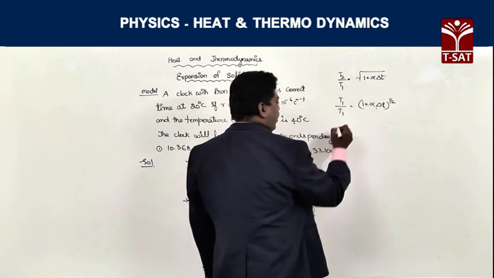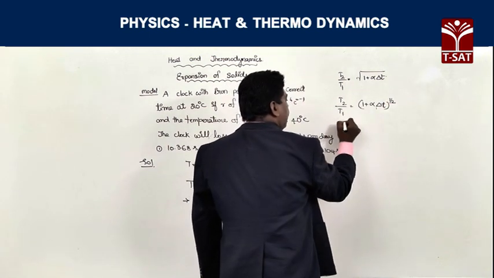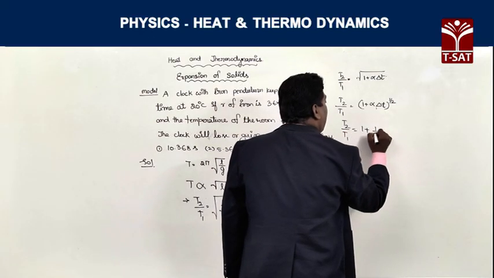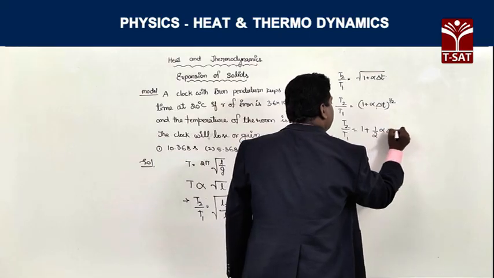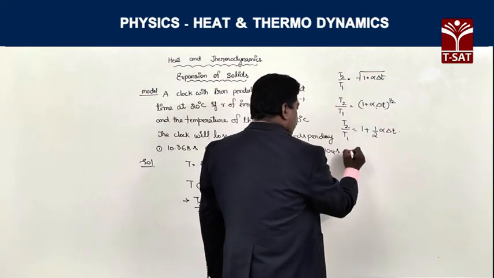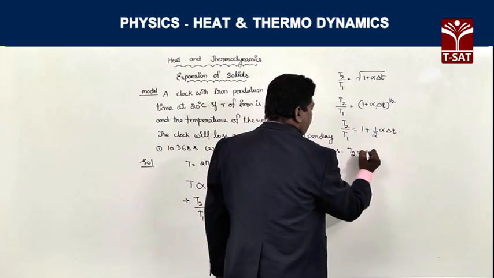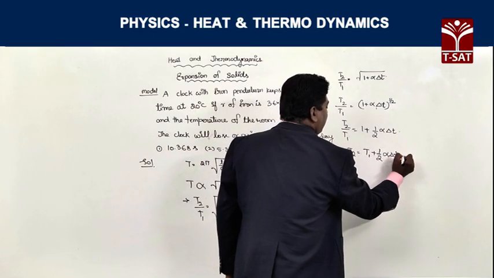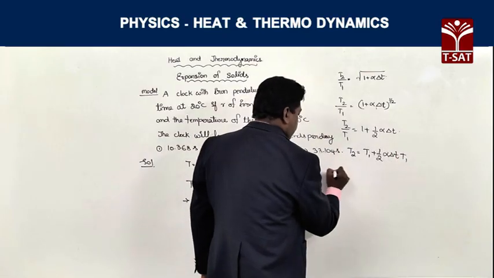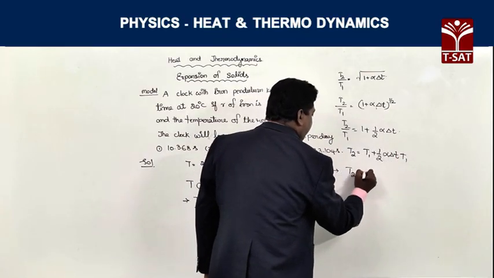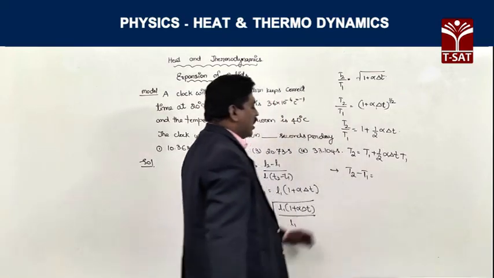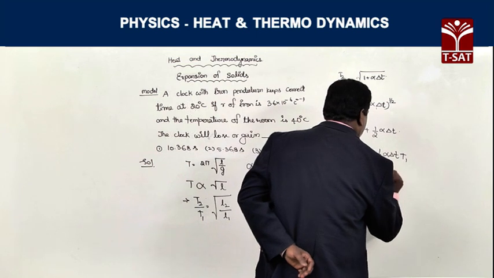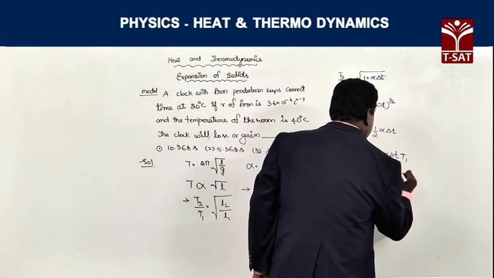Expanding it binomially, we have got T2 by T1 is equals to 1 plus half alpha delta T. So that T2 is equals to T1 plus half alpha delta T into T1, from which we have got T2 minus T1, which we call it as gain or loss in time, is equals to half alpha delta T T1.